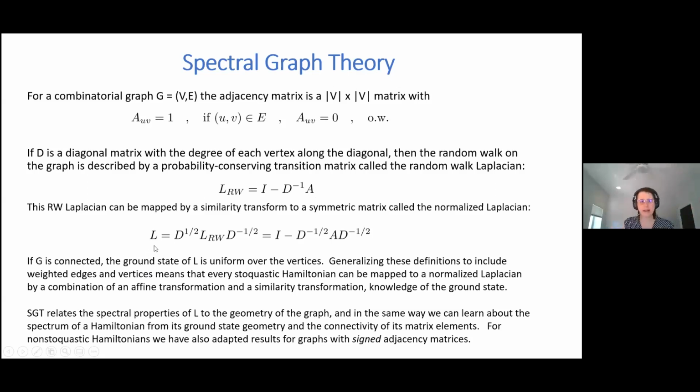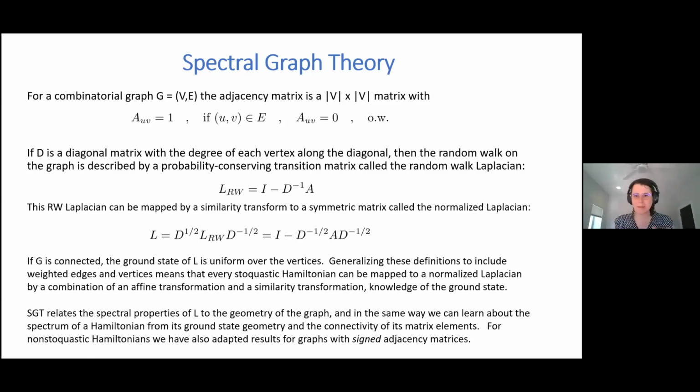In general, spectral graph theory connects the algebraic properties of this normalized Laplacian to the geometric properties of the original graph. And because L is a symmetric matrix, it can be directly treated as a quantum Hamiltonian as well. The ground state of this normalized Laplacian is uniform over the vertices.